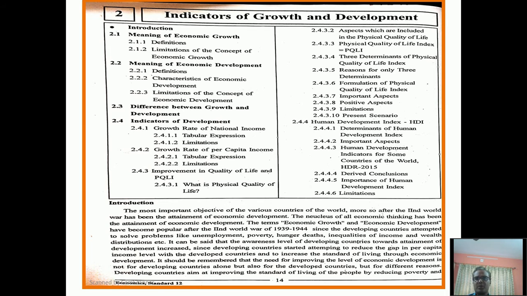The most important objective of the various countries of the world, more so after the Second World War, during 1939 to 1944, the nucleus of all economic thinking has been attached to economic development.